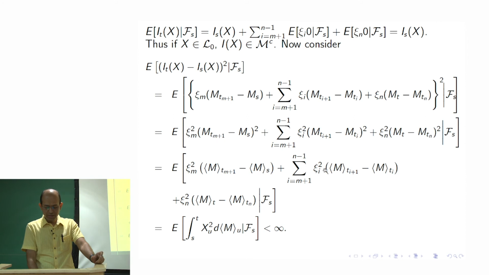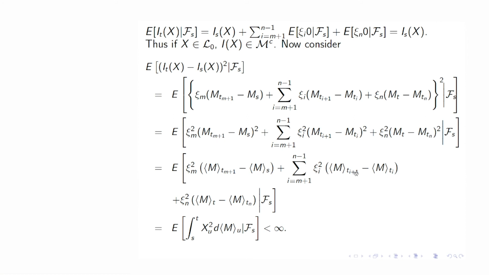If we integrate the square of this process with respect to the quadratic variation process, then these are the increments of the integrator, and these are the integrands, on those intervals.